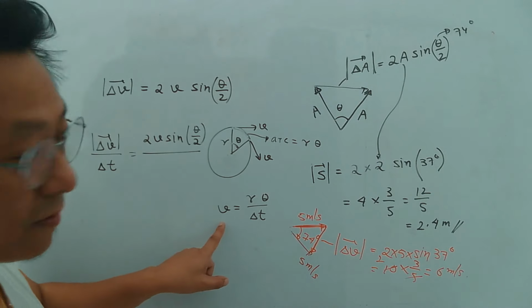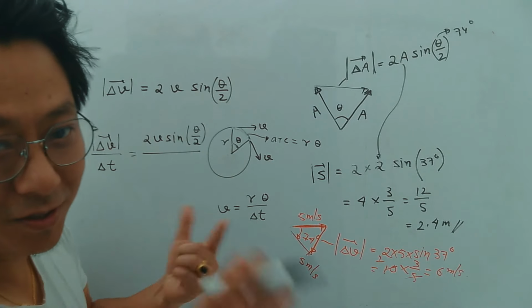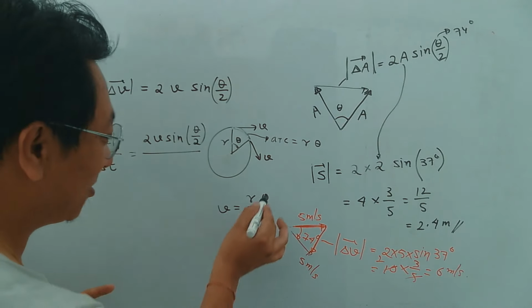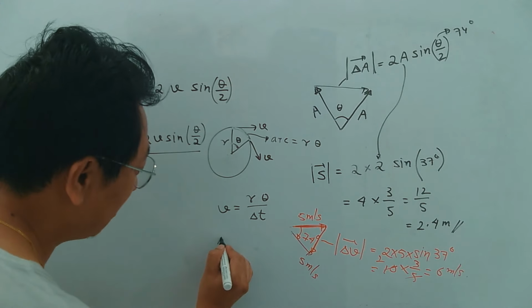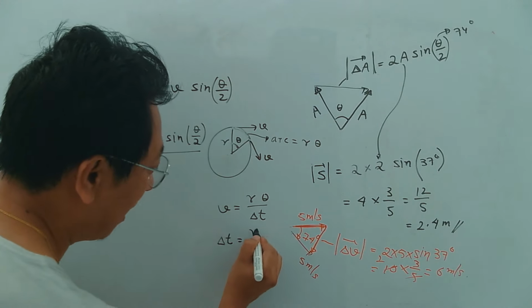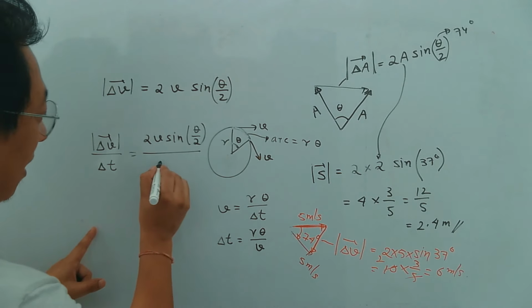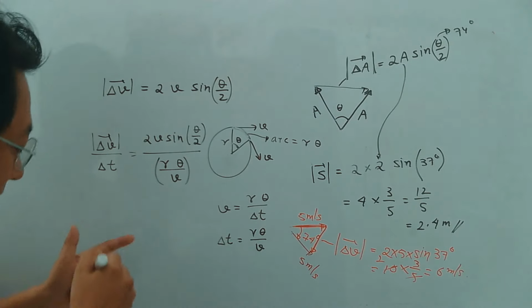So speed, I have used what formula? Distance by time. And since it is constant, average speed and instantaneous speed will be the same. So though this is average speed, it will be the same as instantaneous speed. So what will be the time taken? R theta by v. Substitute this here. R theta by v. Right?